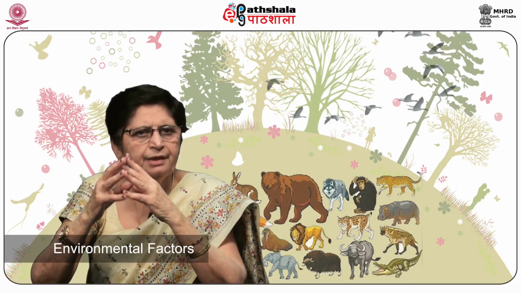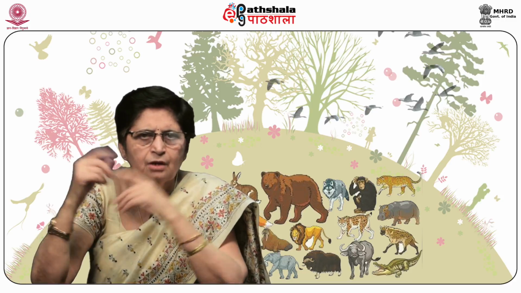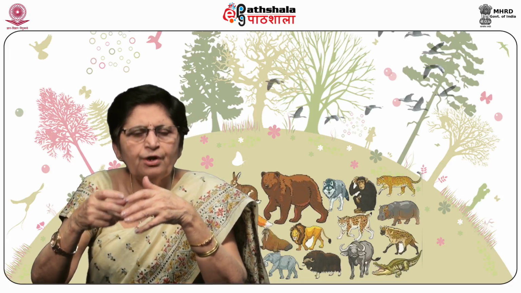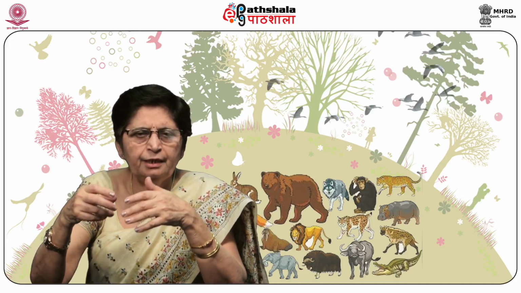Since in nature all environmental factors are not limiting always, they resist the populations to express their biotic potential. It is called environmental resistance to the biotic potential. This is a very important factor in the ecosystem balance.